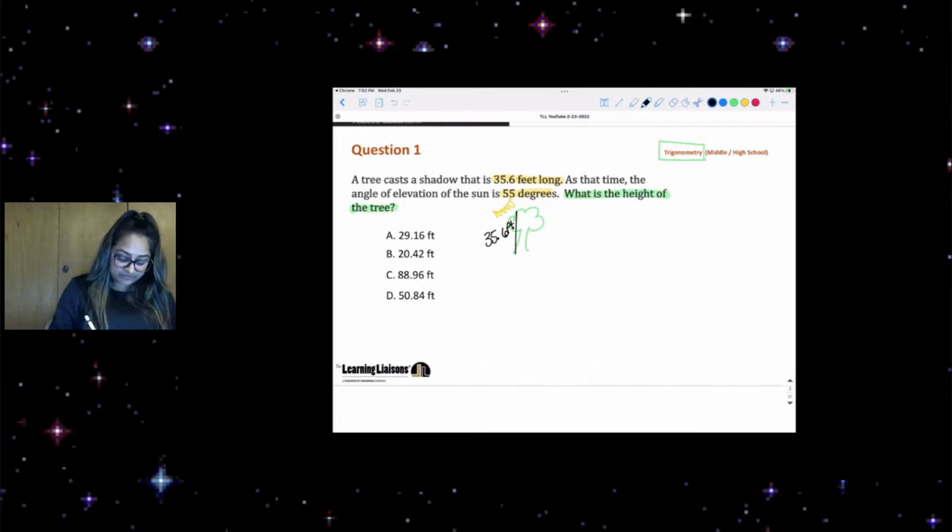The sun casts a shadow, and the angle of elevation from that is 55 degrees. So what does that look like? Oh, the shadow is 35.6 feet long.